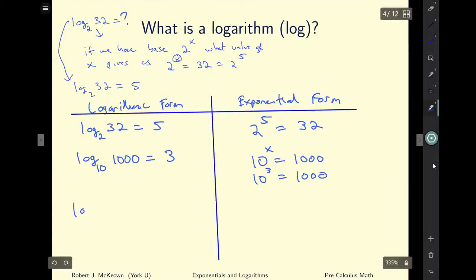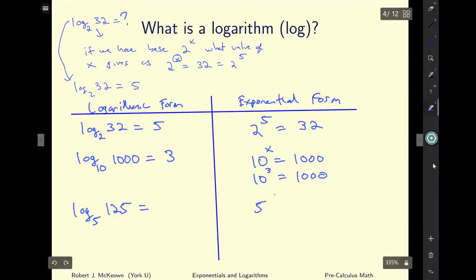I could take another log base. I could take log base, say, 5, and I want to know log base 5 of 125. What's the answer to that going to be? If you plug that into a computational device, like a computer website, probably not your calculator. Your calculator typically just has log base 10 and log base natural exponent, which we're going to talk about a little bit later.